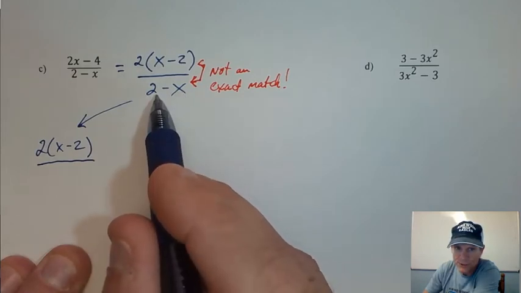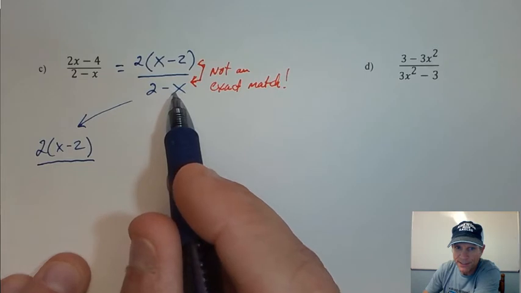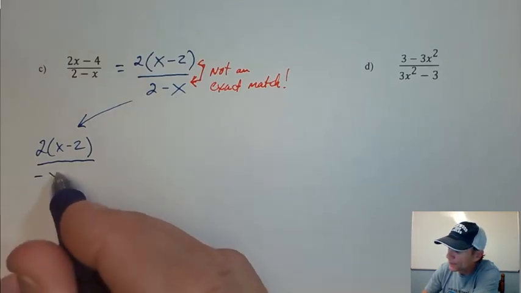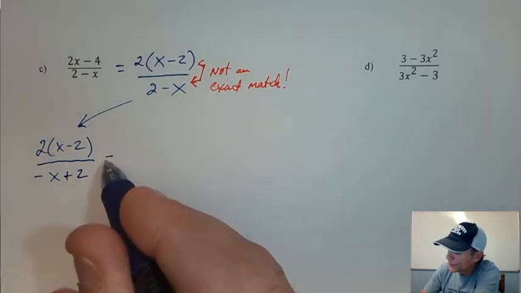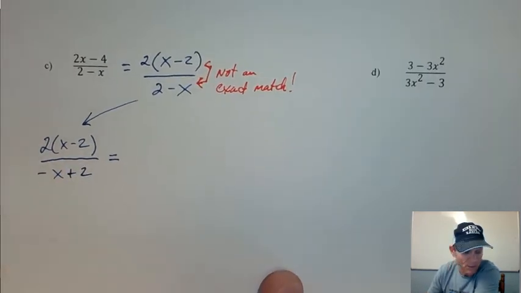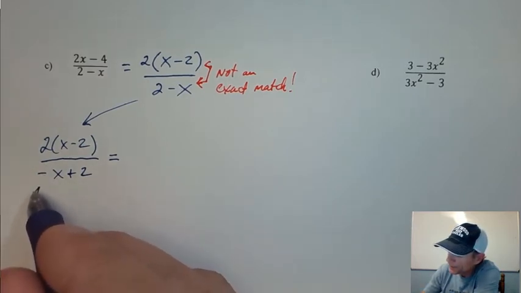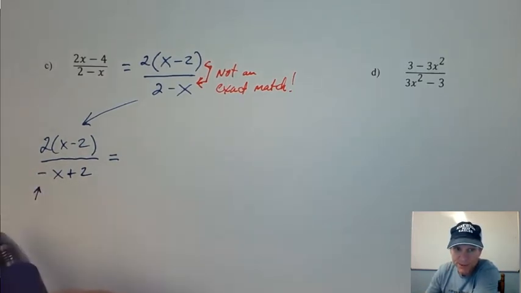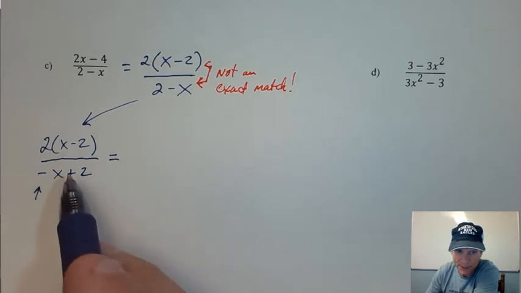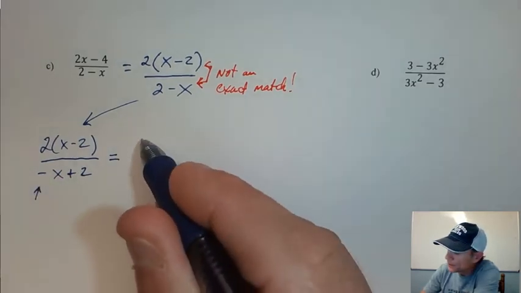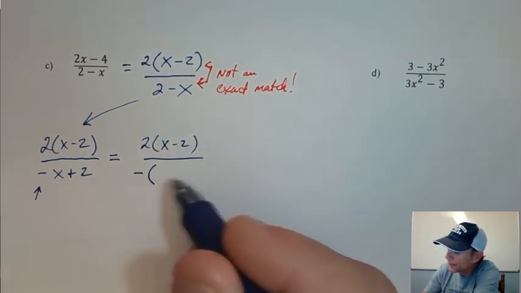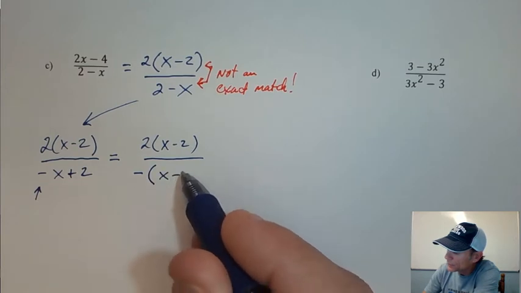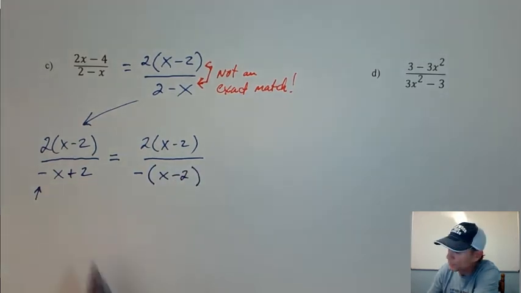Now look, the 2 is positive and the x is negative, so I'm going to write negative x plus 2. What I learned in the previous chapter was that if the leading coefficient is negative, I can pull that negative out front. I know it's already out front, but I want to pull it out in front of a parenthesis. So I have 2x minus 2. I'm going to pull the negative out, and I have x minus 2, because I pulled that negative, that's going to change signs here.